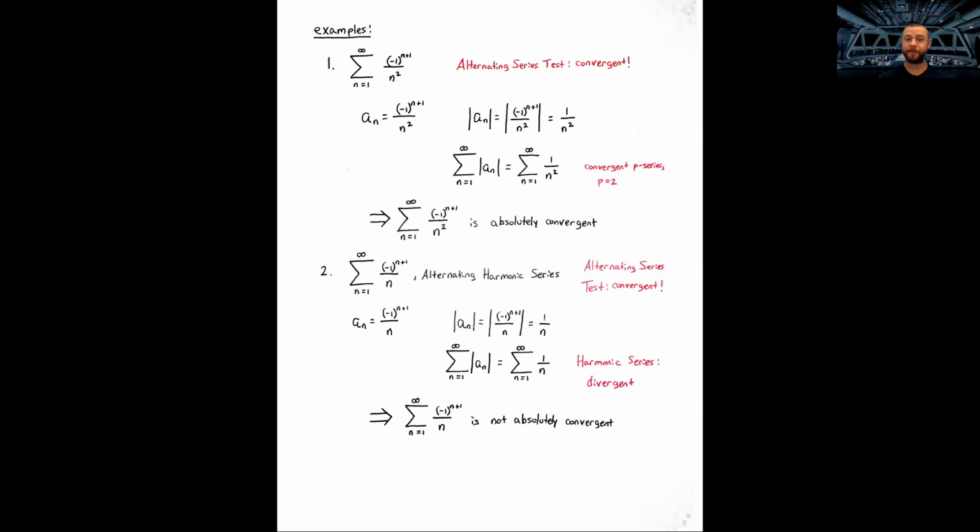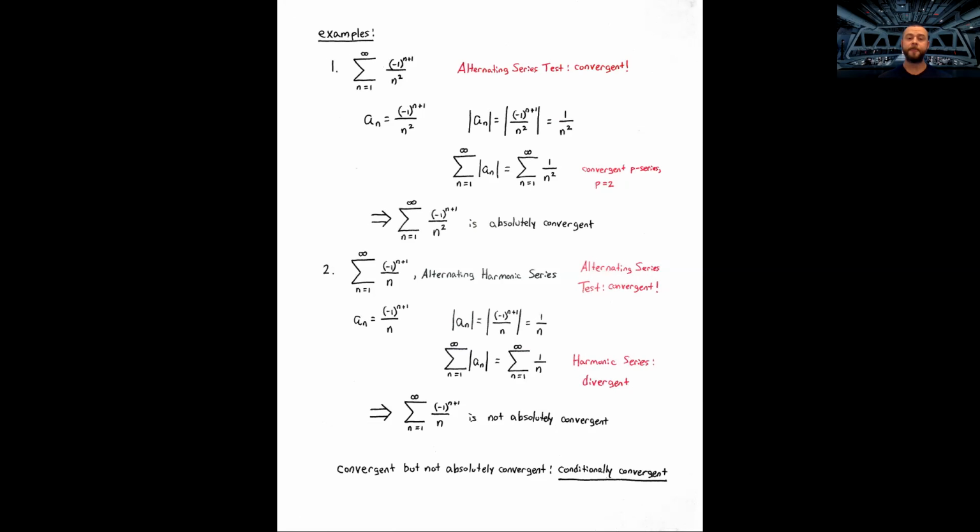Now, since our infinite series with absolute value around the term a sub n is divergent, that means our infinite series is not absolutely convergent. But we do know from the alternating series test that our infinite series is convergent. So there's a difference between what convergence means and what absolute convergence means, which we'll be elaborating on in a little bit.